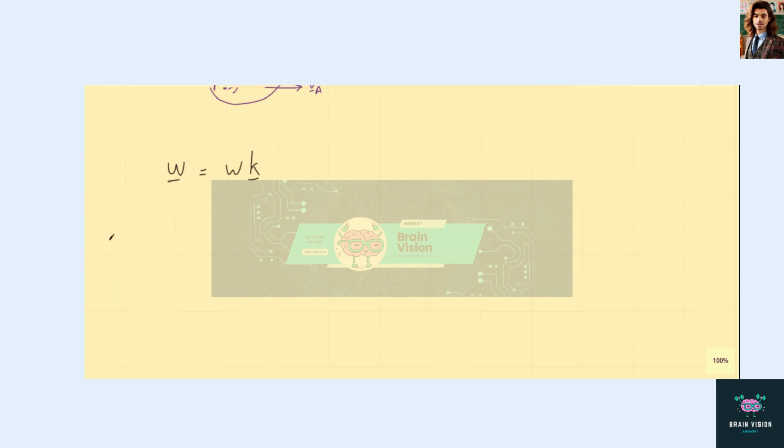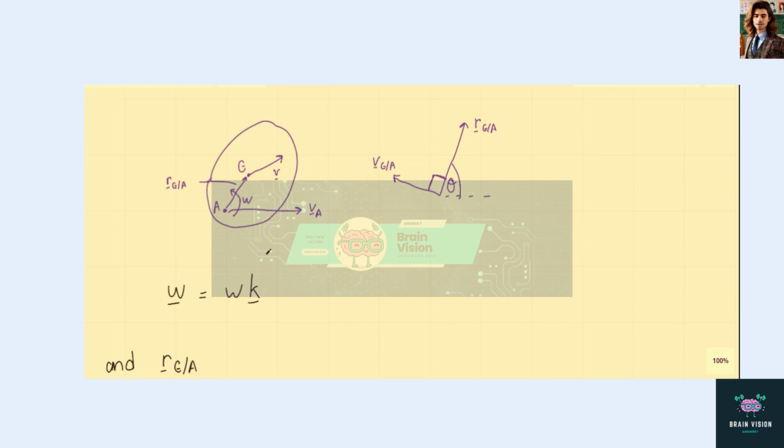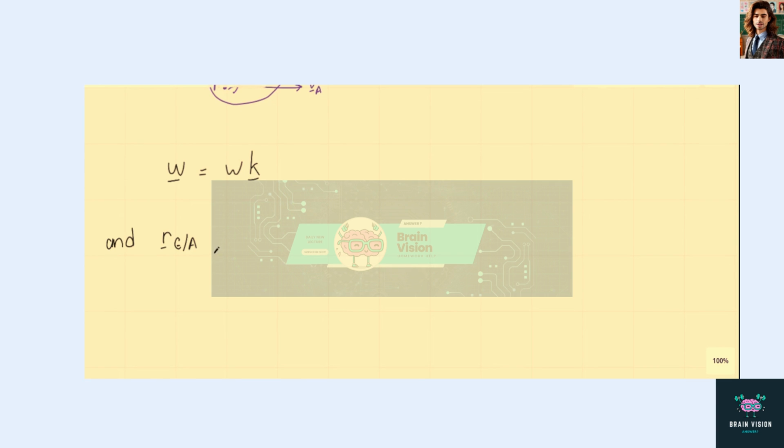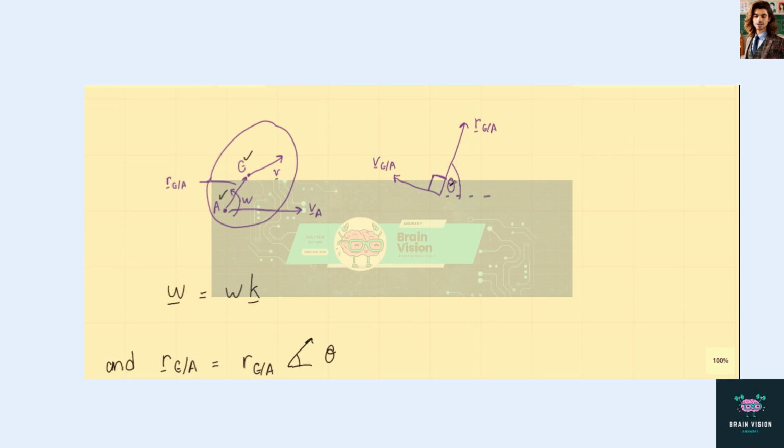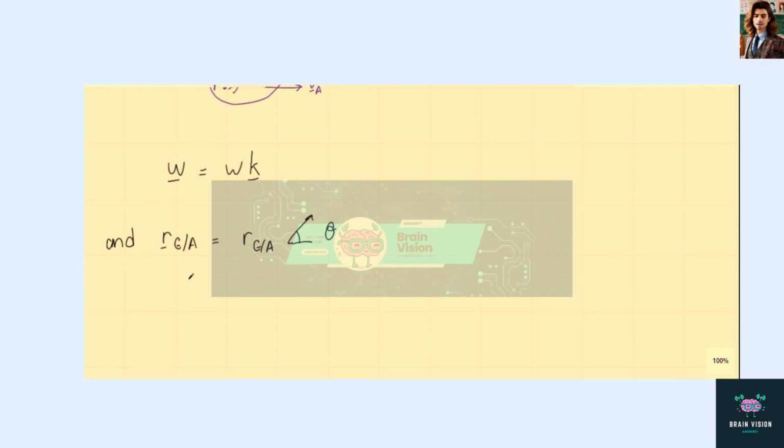And the position vector G, which is the mass center relative to point A, also has some magnitude r_GA and is at an angle we'll call theta, as in this diagram here.